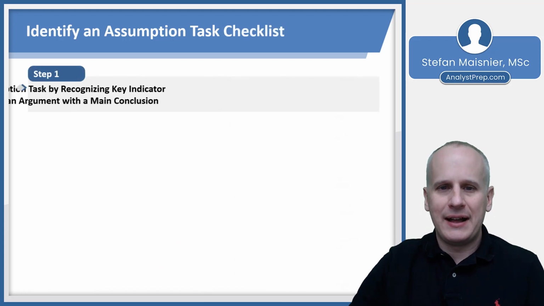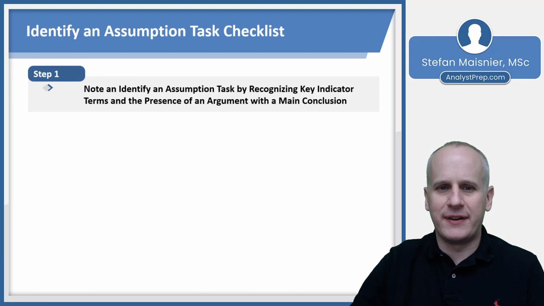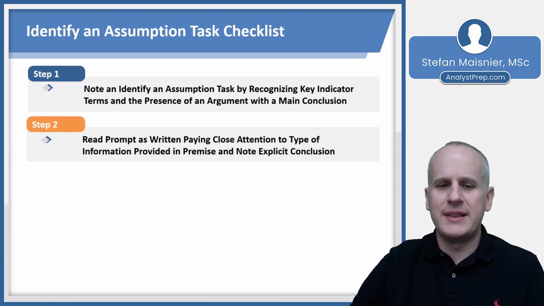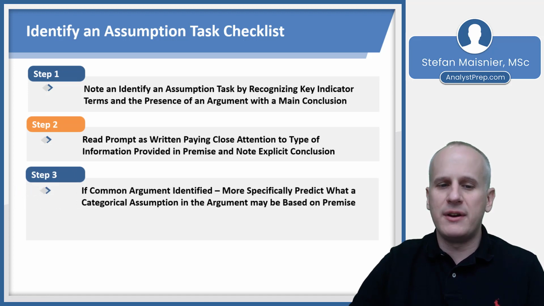So how do we work through a standard identify an assumption task? As always, we need to identify the task by recognizing those key indicator terms in the presence of an argument with a main conclusion. You'll want to read that prompt as written, paying close attention to the type of information provided in the premise, and note the explicit conclusion of that argument. Then, if you have a common argument that has been identified, more specifically predict what a categorical assumption in the argument may be based on that premise.